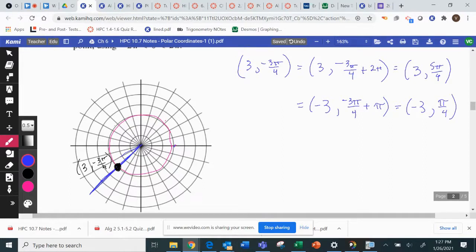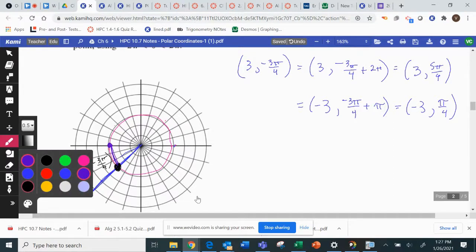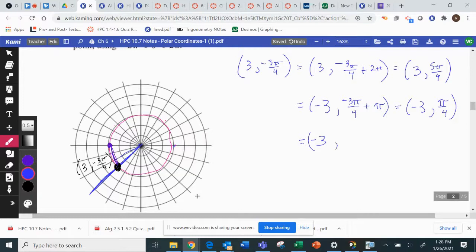So if I'm starting at negative 3, here's negative 3, and I move pi over 4, that works. And then how about negative 3 pi over 4 minus pi? Just subtract pi that time.